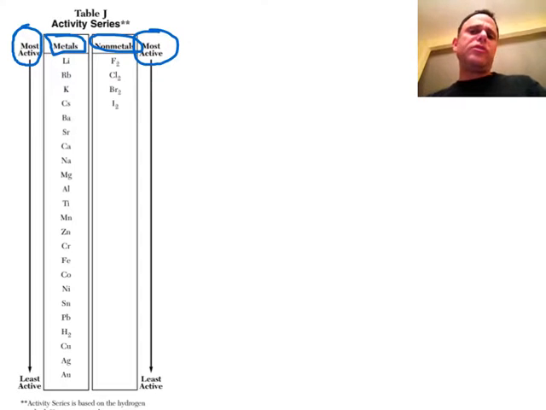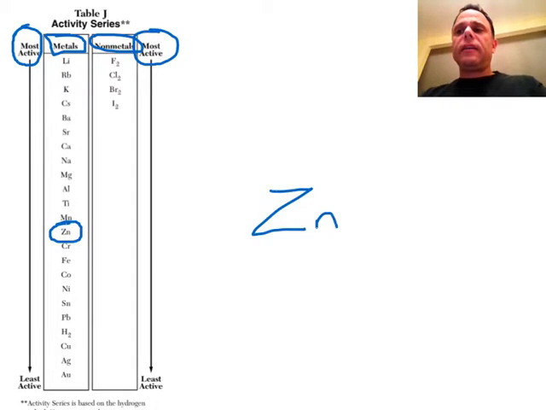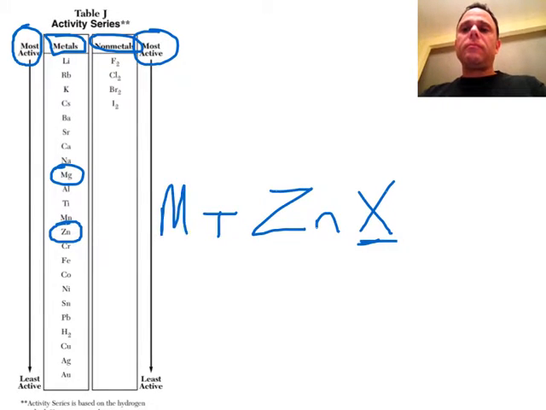So let's just say, for instance, we have zinc in a compound with, let's say, X, where X is some variable. And as a free element, we have magnesium.